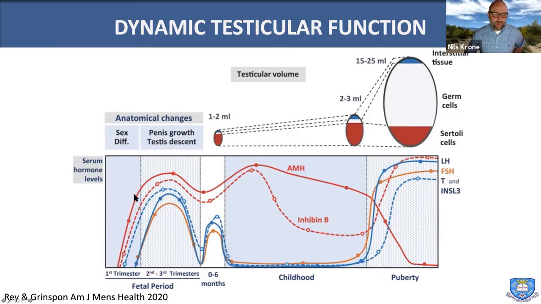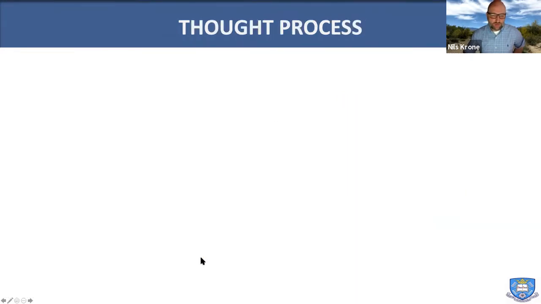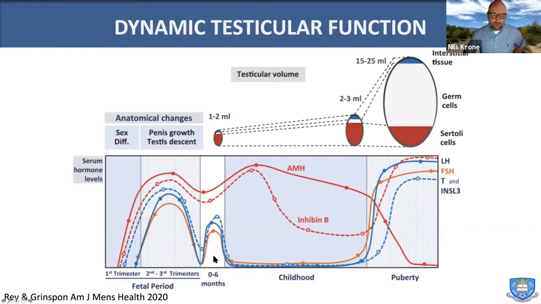this steep rise of various hormones, including AMH, inhibin B, and testosterone, really high testosterone levels very, very early on. And then also mimicked only later by the rise of LH and FSH, the drop after birth, and then this period of mini puberty about 6 to 12 weeks after birth.